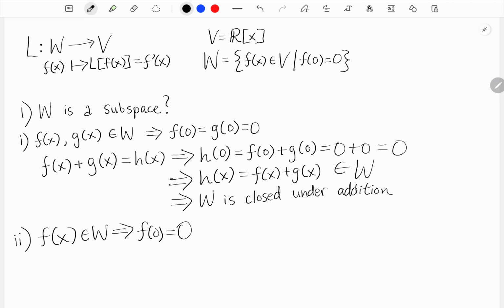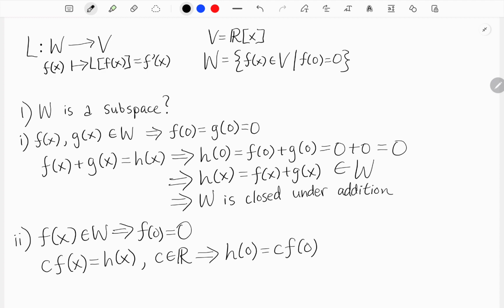So now, if I have C times f of x equal to h of x, where C is just some arbitrary real number, this implies that h of 0 is going to be C times f of 0, which equals C times 0. What's C times 0?